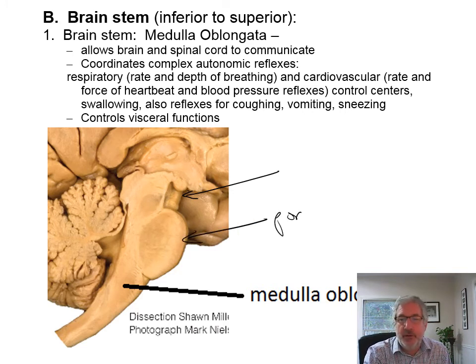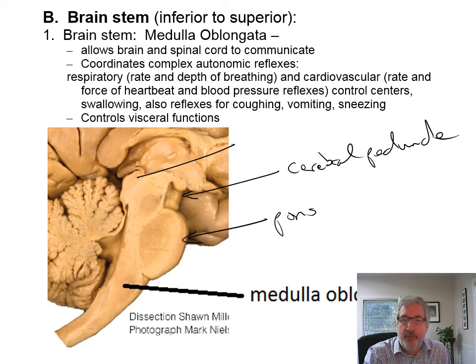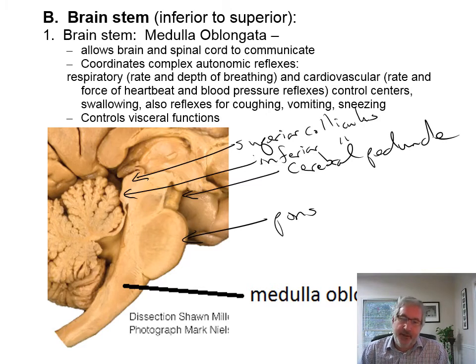That's a cerebral peduncle, and that would be the superior colliculus and the inferior colliculus there. So there's your four portions of the midbrain.